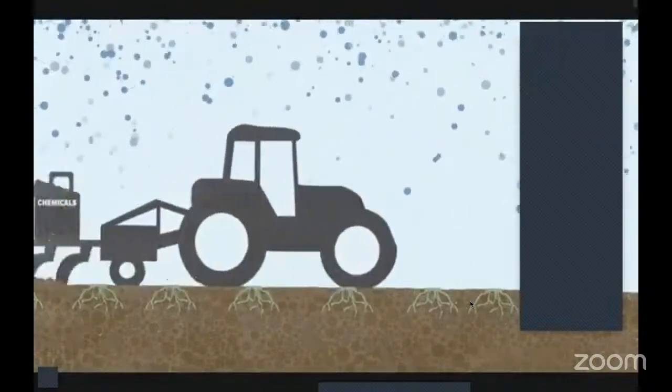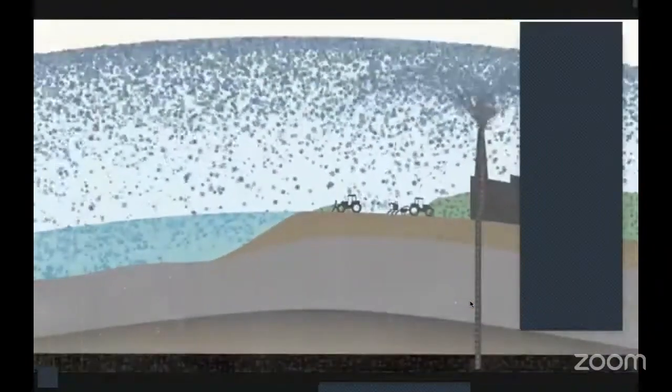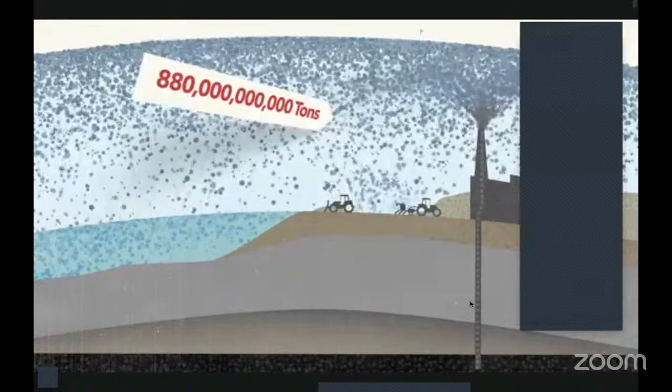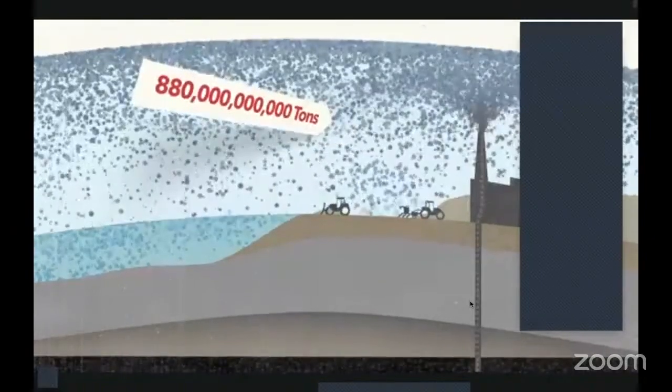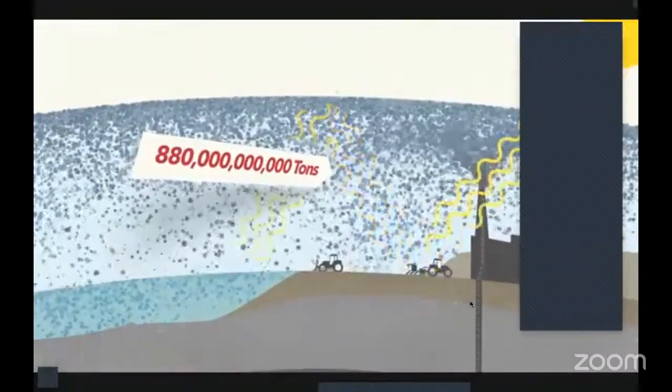The way we manage land and do agriculture is moving even more carbon into the atmosphere. Specifically, we've moved 880 billion tons of carbon dioxide into the atmosphere, which is heating up the planet and destabilizing our climate.